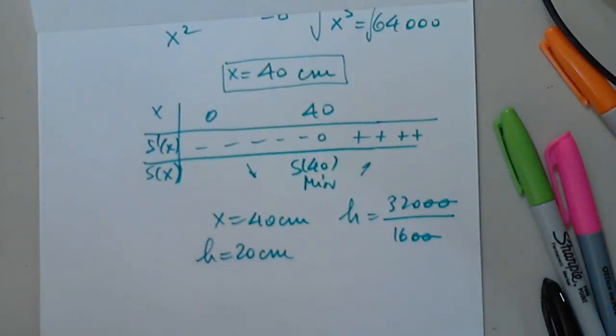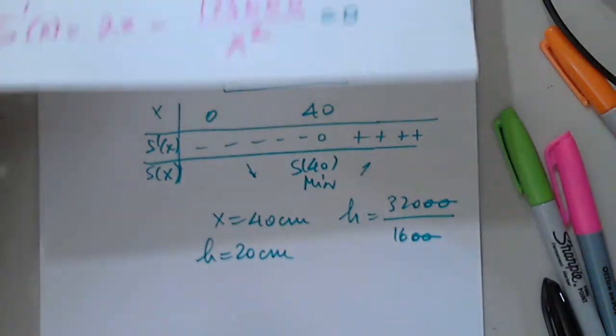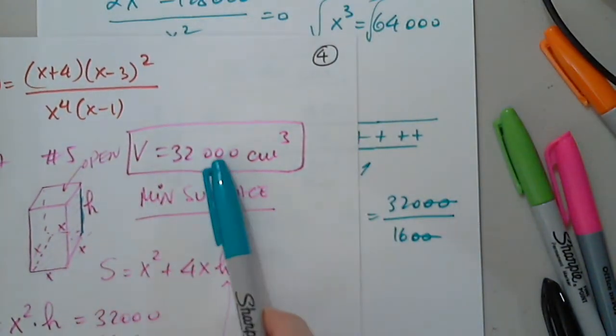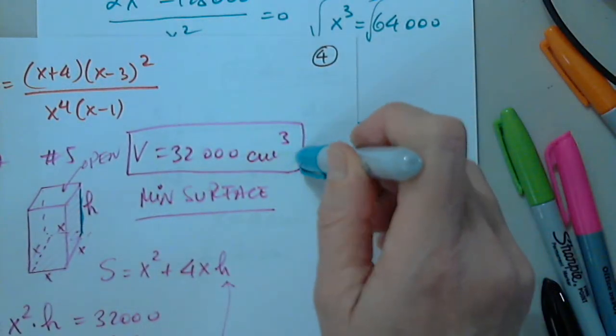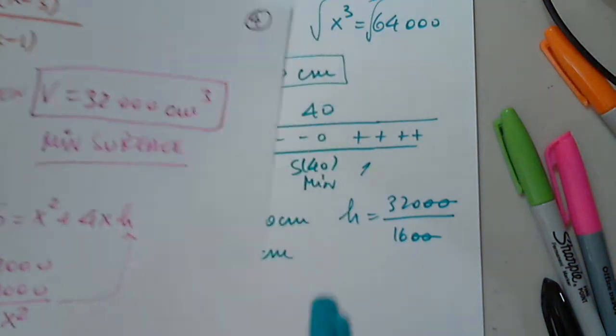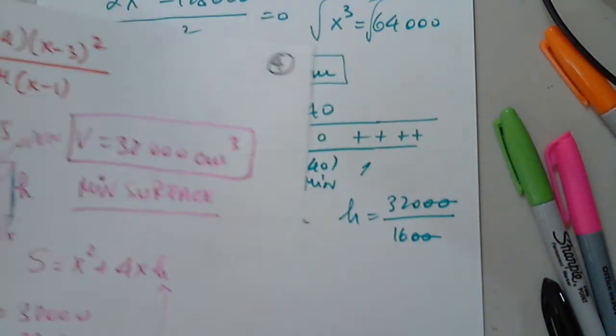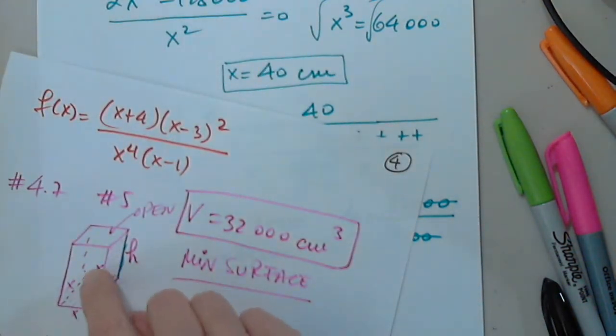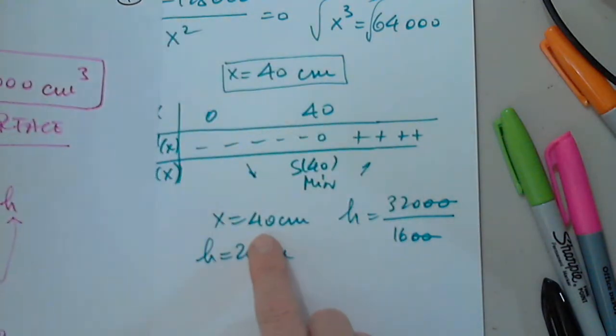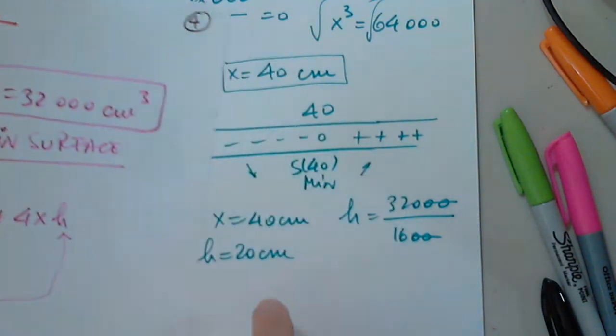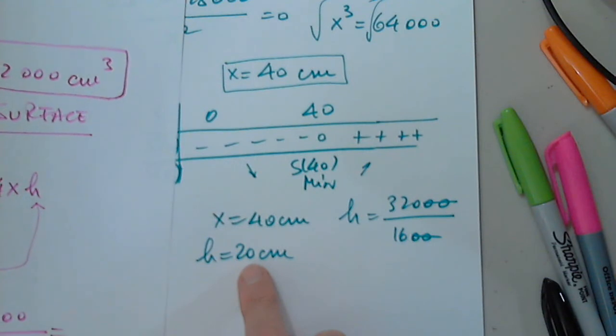So this box will have the minimum surface guaranteed to have this volume, and the minimum surface only if the base of the box has a side of 40 and the height of the box is 20 centimeters.